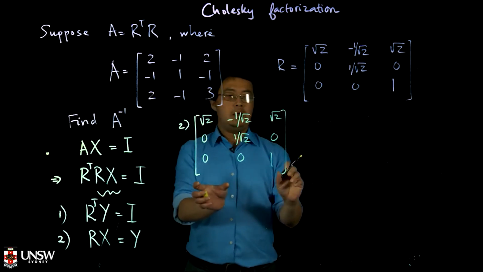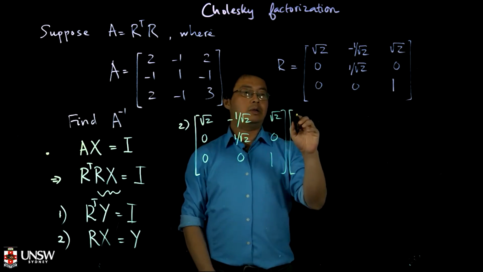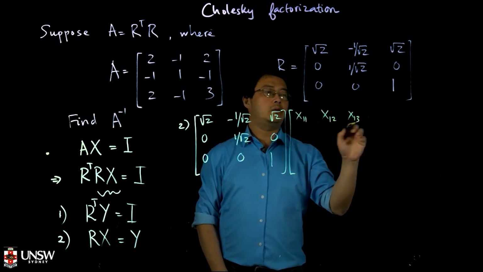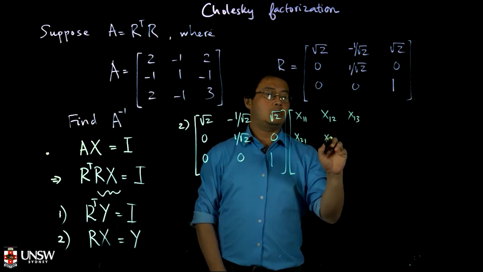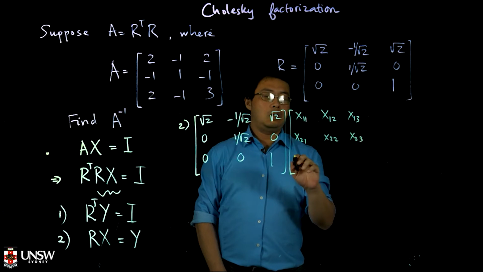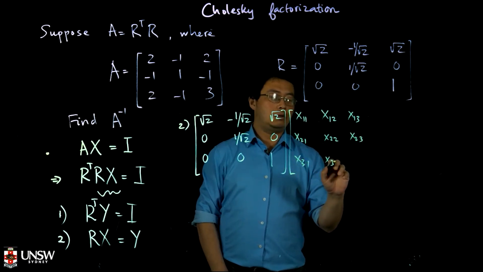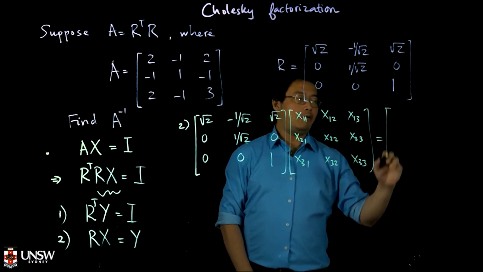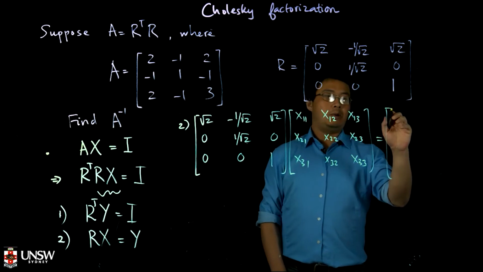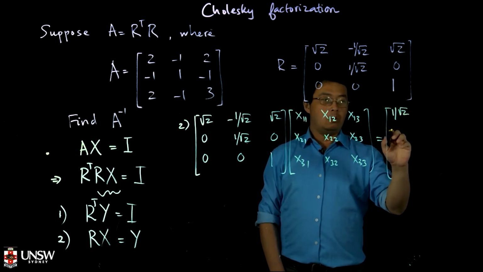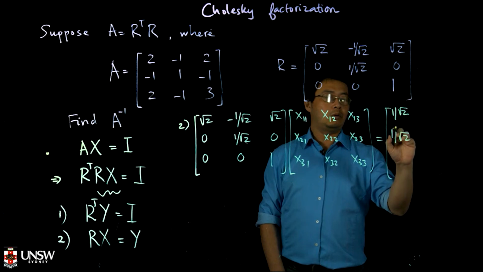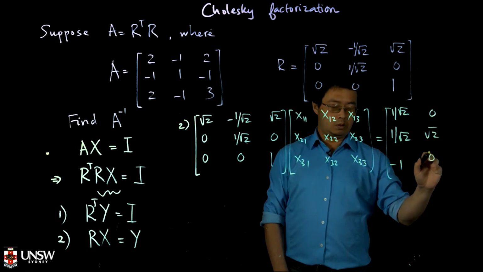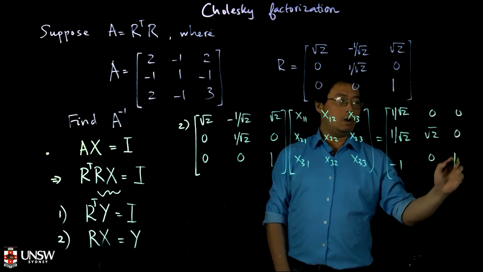The matrix X I do not know, so I just put in X11, X12, X13, X21, X22, X23, X31, X32, X33. And the matrix Y I found in the previous step: 1 over root 2, 1 over root 2, and minus 1, 0, square root 2, 0, 0, 0, 1.